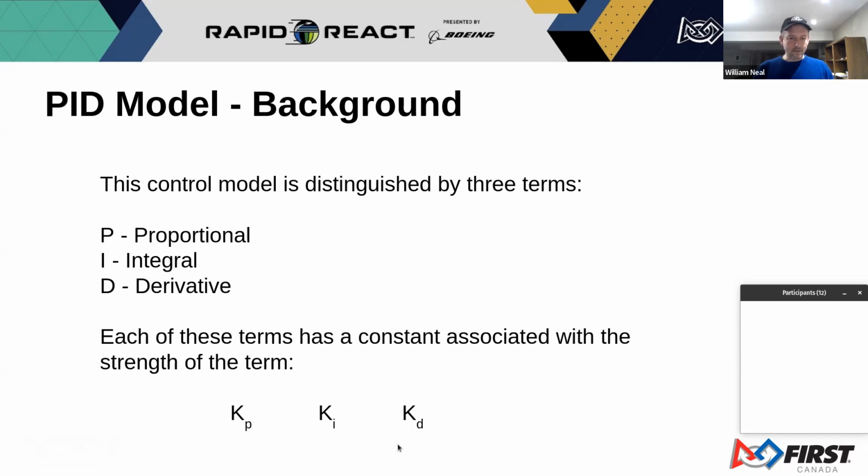In scientific and engineering circles, there's a lot written about how to determine these constants for a system. They're just some constants that work depending on the physical attributes of the system you're using, perhaps the mass of the arm of the robot or the mass of the robot itself as it's turning.